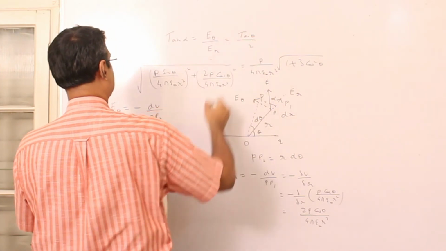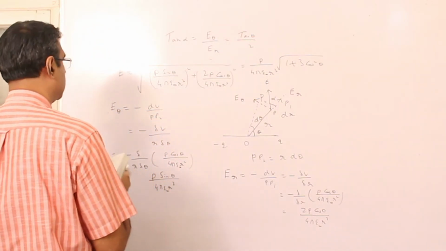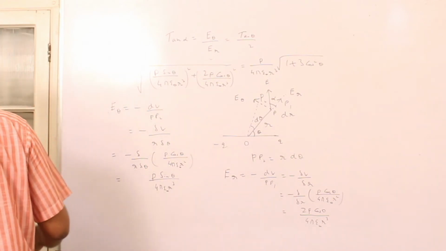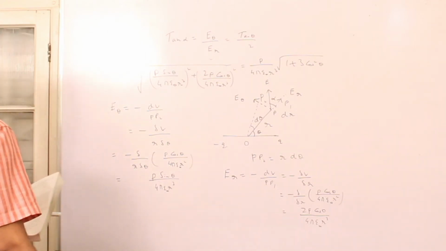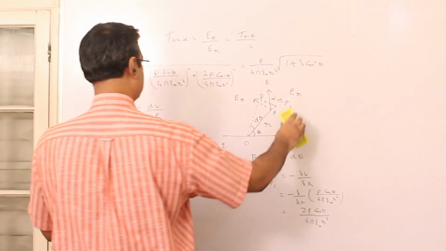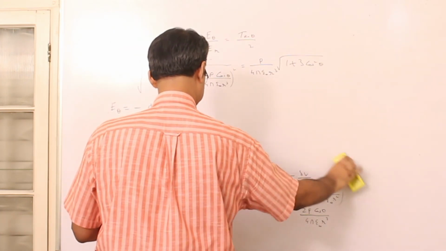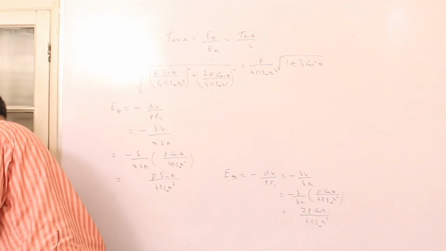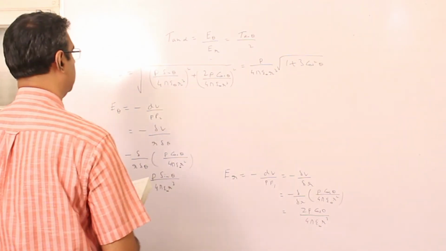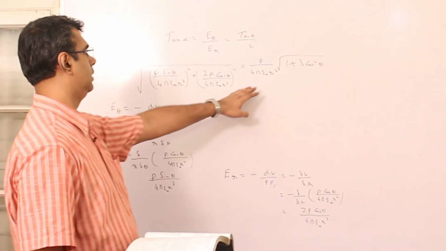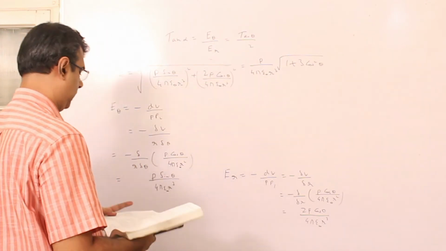So tan alpha is coming tan theta by 2. So this is the magnitude of the resultant field, and this is how to find the direction.